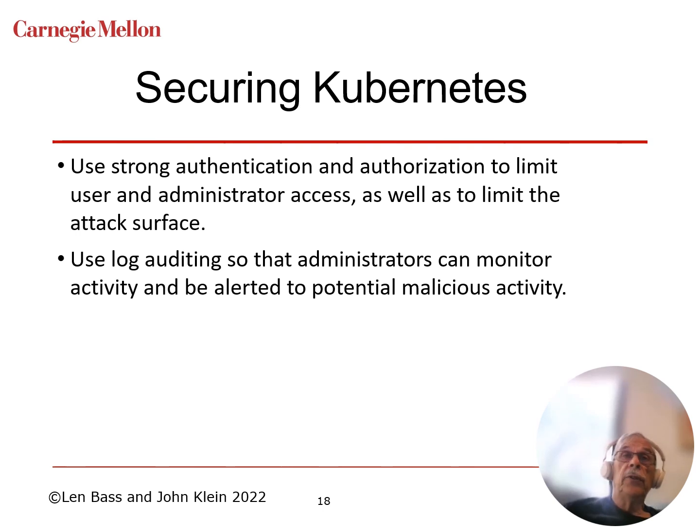You want to use strong authentication and authorization, and we'll talk about that as well, and restrict administrator access. Then all these tools generate logs. We talked about logs when we talked about measurement. Audit the logs periodically. Have someone look at the logs and make sure that things seem to be operating as they're supposed to.